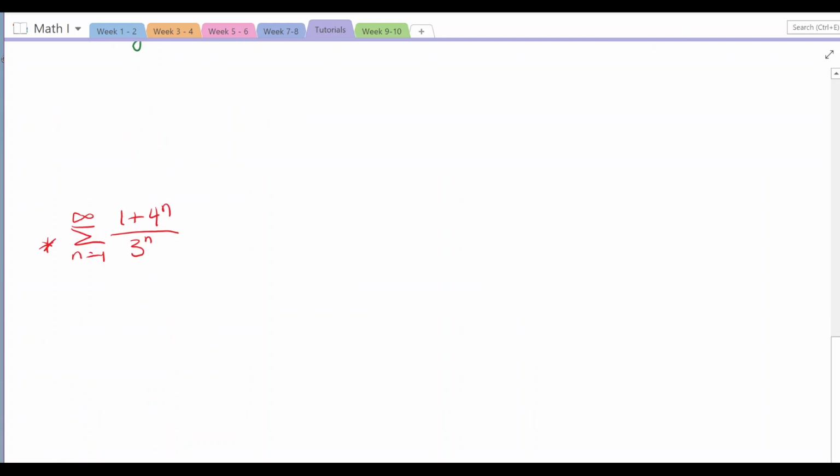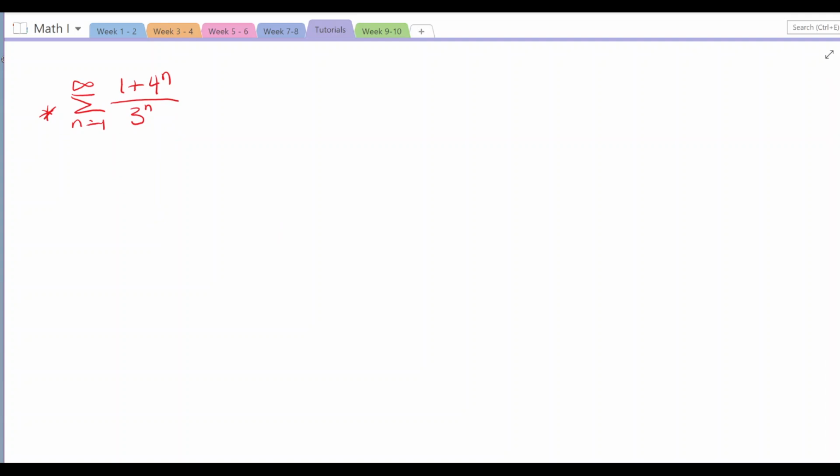There's one more. So the series of 1 plus 4 to the power of n all over 3 to the power of n. In this case, if we want to use the divergent test, then we need to check the limit of the series.